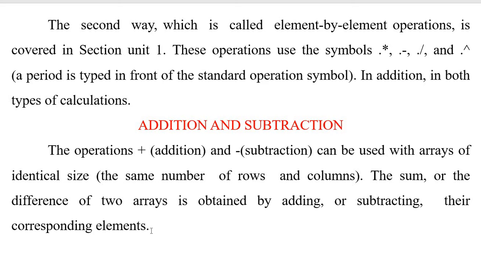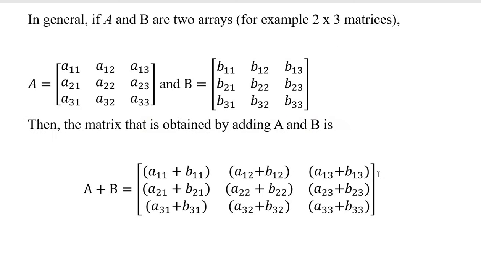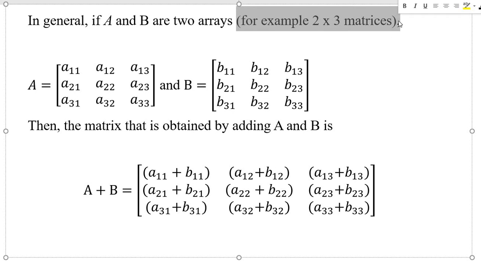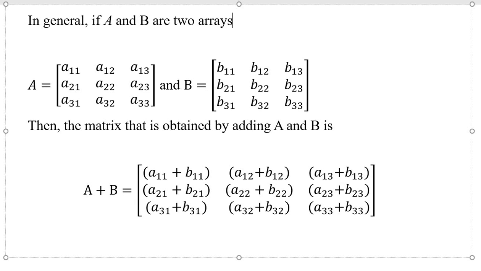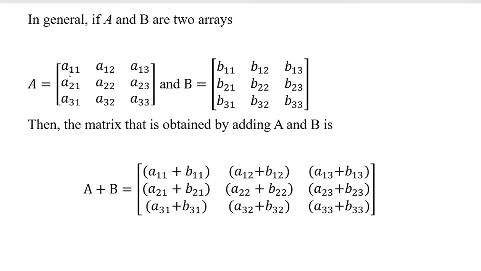Addition or subtraction is simply known as the sum or difference. In general, take two arrays A and B, for example 2 by 3 or 3 by 3 matrices. Take A as a 3 by 3 matrix: A11, A12, A13, A21, A22, A23, A31, A32, A33, and similarly for the B matrix. If you add these two matrices, the elements in the same position are added.